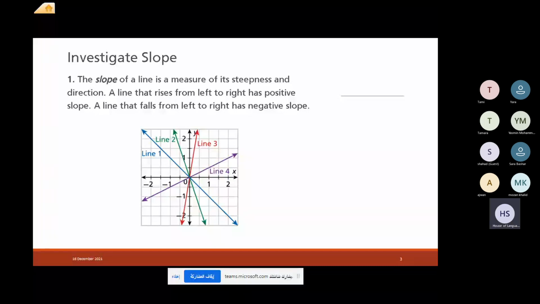Do you understand what I mean? Increasing from left to right, the slope is positive. But from right to left, it's decreasing, so the slope is negative.